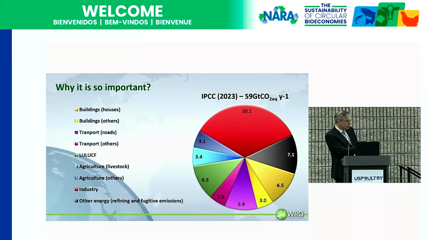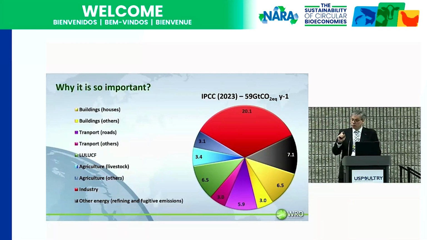Livestock alone would be the second biggest emission, which is not the case. We are here. I wonder if the pressure we are having today would be the same if this number had been published back then.